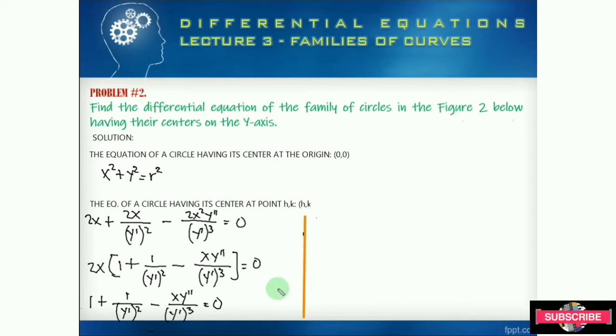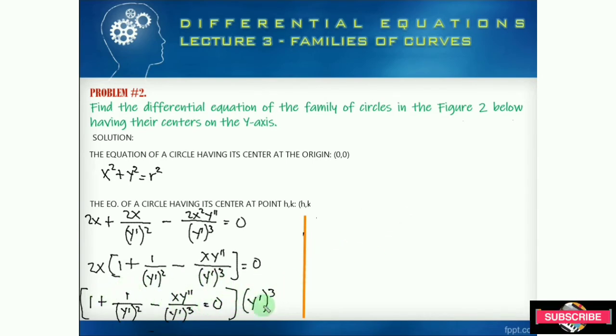Okay, so again, we are going to multiply this one as a whole to remove now this fraction. So we are going to multiply this one with y prime to the cube, no, since this is the higher exponent in the denominator. So we can eliminate actually the denominator upon distributing this one to all the terms here.